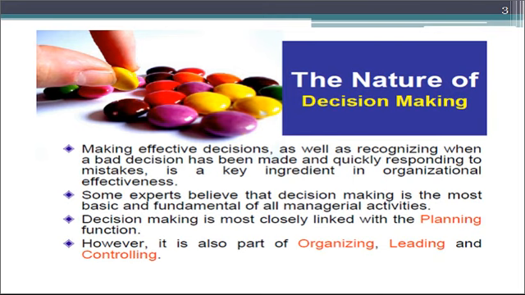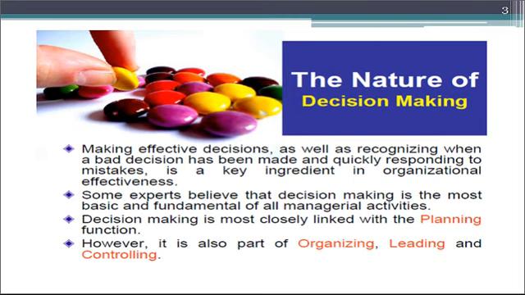So the nature of decision making is making effective decisions, as well as recognizing when a bad decision has been made, and quickly responding to mistakes is a key ingredient in organizational effectiveness.